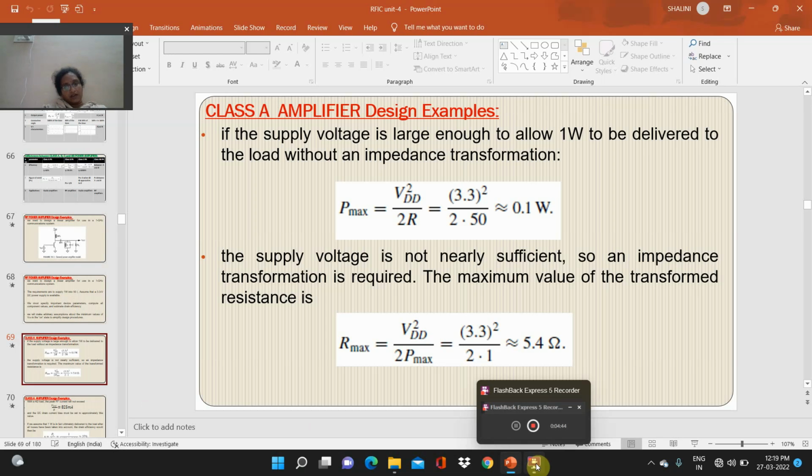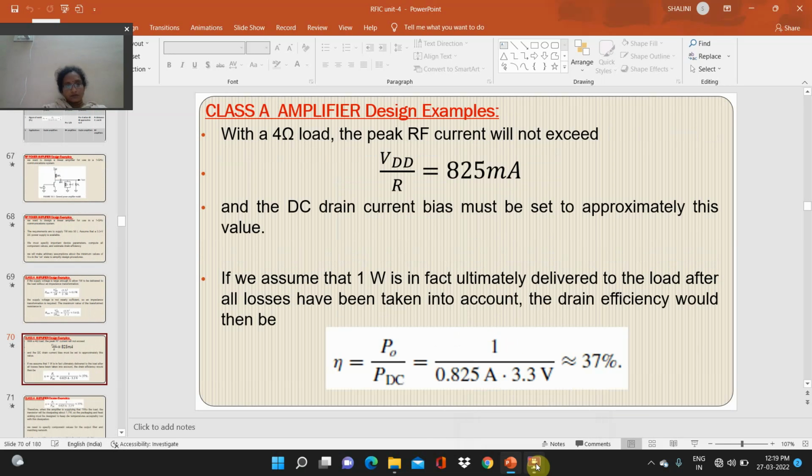The maximum value of the transformed resistance is computed, and with a 4 ohm load the peak RF current will not be exceeded. VDD by R is equal to 825 milliamperes, and the DC drain current bias must be set to approximately this value.